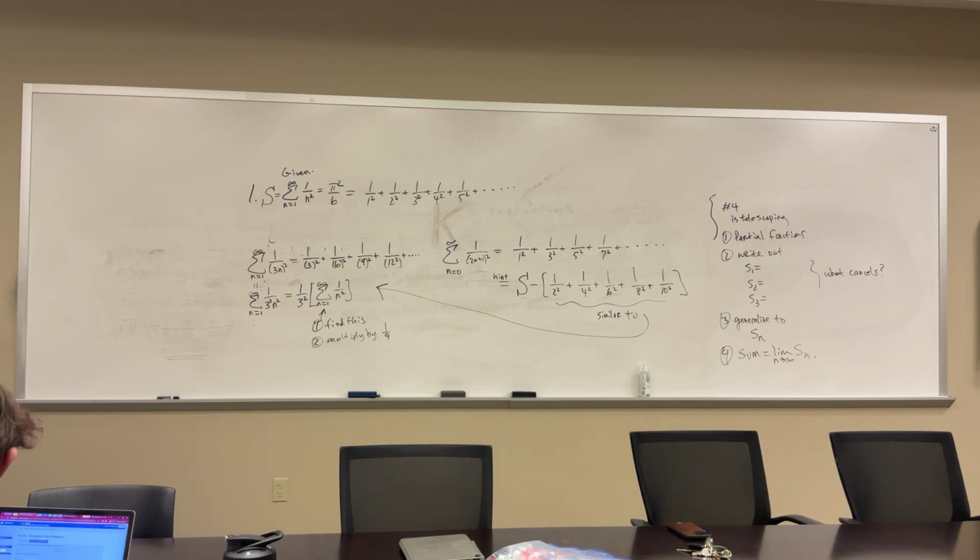Yeah, so here, may I write just a little bit, let me show you. Let's just call this S, because I like to have a little label. So we know that S equals 1 over 1 squared plus 1 over 2 squared plus 1 over 3 squared plus 1 over 4 squared plus 1 over 5 squared plus 1 over 6 squared, and so on.